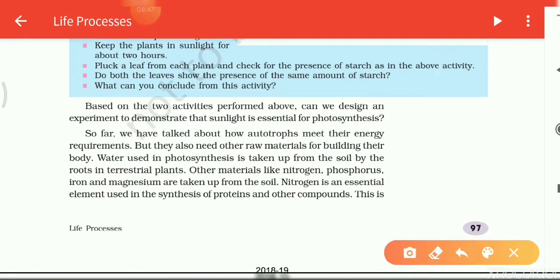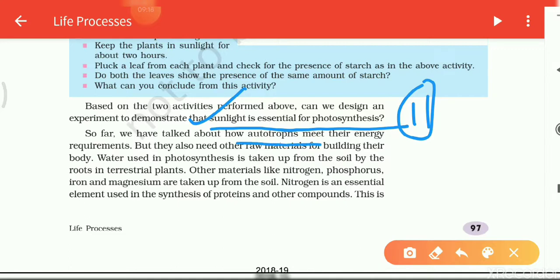Based on the two activities performed above, we can design an experiment to demonstrate that sunlight is essential for photosynthesis. With the help of this experiment also, you can show that sunlight is essential for photosynthesis, and second, that carbon dioxide is necessary for photosynthesis.